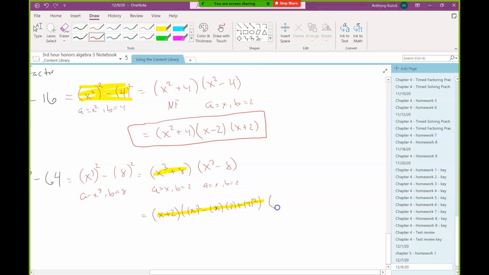And then when I do the difference of two cubes, I have x minus 2 times x squared plus x times 2 plus 2 squared. So that came from this one. And then if I clean things up a little bit, x squared is just x squared, x times 2 is 2x, and 2 squared is 4.